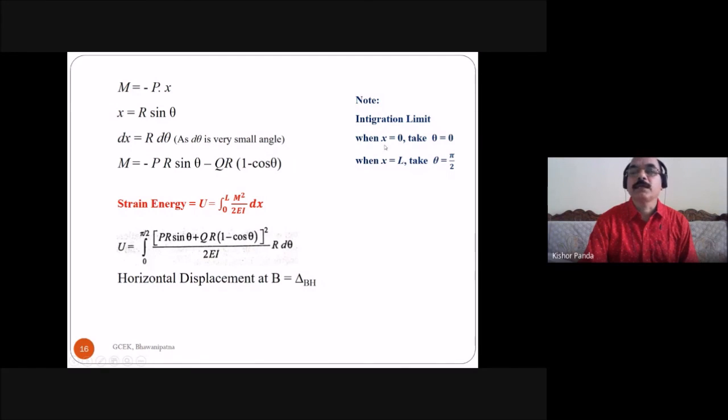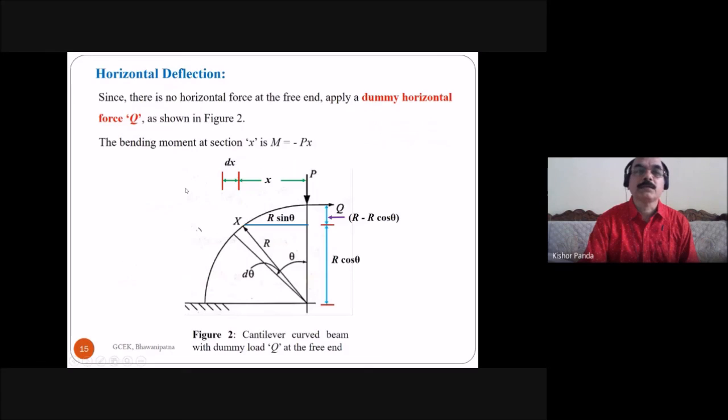Here also you have to take the integration limits: x is equal to 0, theta is equal to 0; x is equal to L, theta is equal to pi by 2. This is the strain energy formula, and you have to find the moment at the section due to these two forces. Due to the force P, the moment is minus P into R sin theta, force into perpendicular distance.